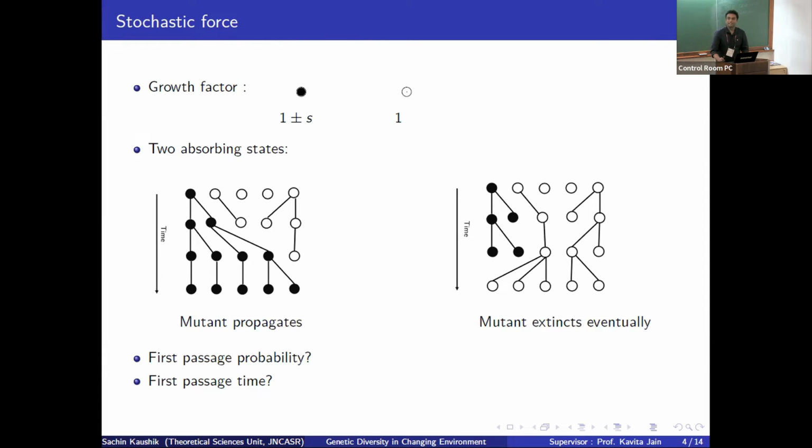One is where the entire population is of dark type, and the second is where the entire population is of white type. And the extinction happens, even though they are advantageous, completely because of stochasticity. The same story goes when the growth factor is less, when they are less advantageous. In this scenario, we can ask what the first passage probability is, and if they do spread, let's say if the mutant spreads into the entire population, what the first passage time is.